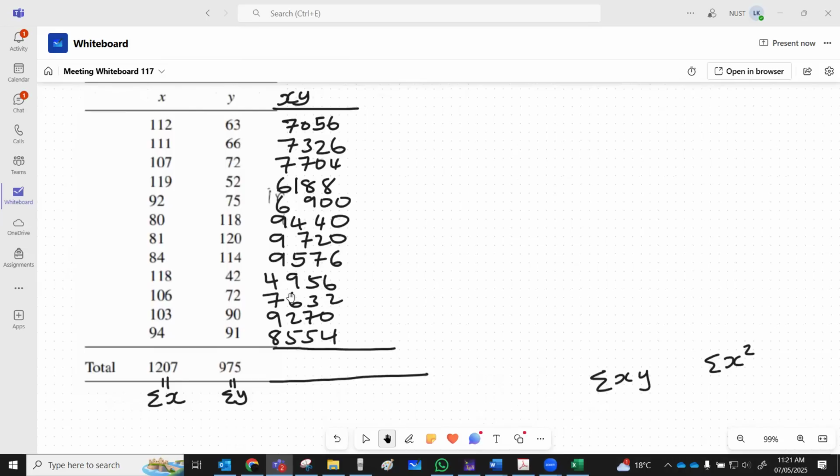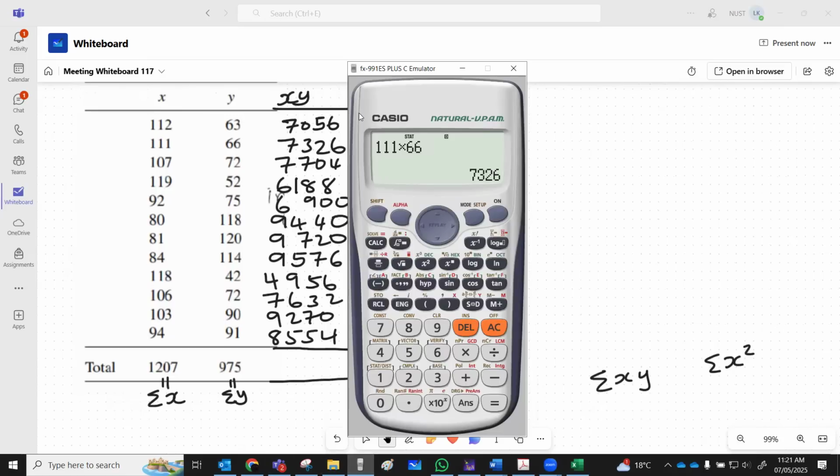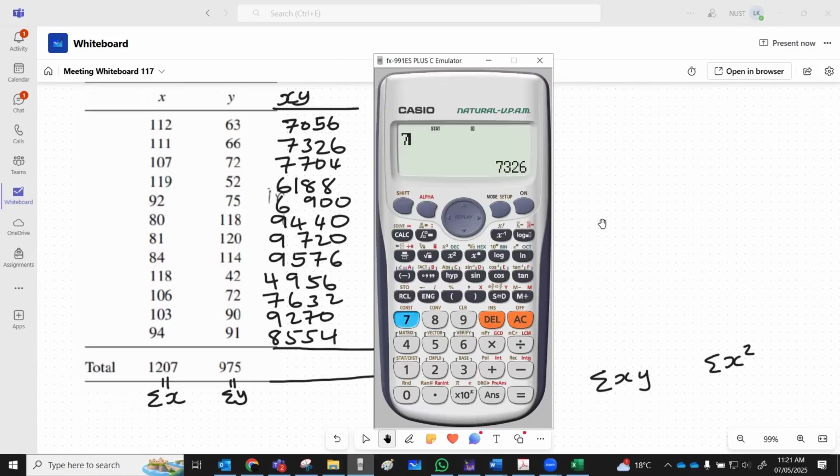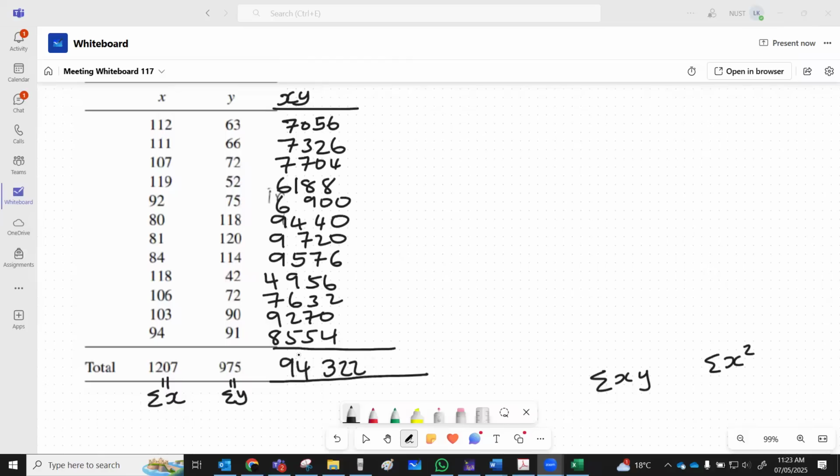Then what you do is you take all of these and you add them together. So you have 7,056 plus 7,326 and so on. Okay, so I got 94,322. So this is my sum of xy.